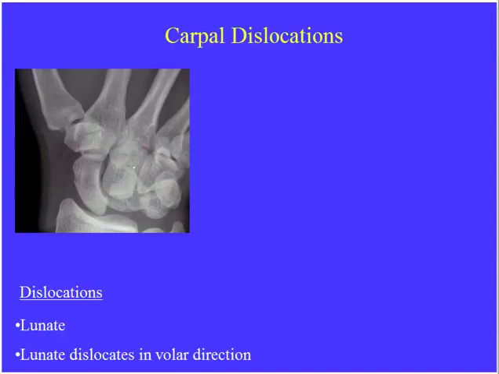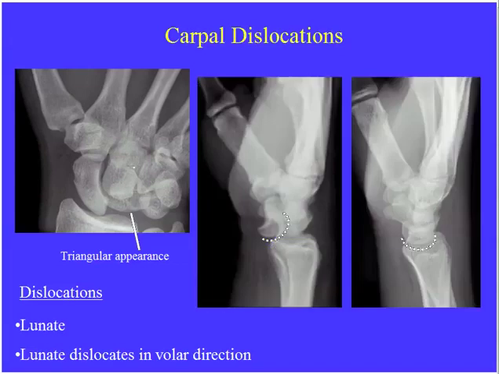They may also show a carpal dislocation, and in the frontal view, the lunate is typically quadrilateral, or has four sides to it. When we see this triangular appearance, however, that represents a lunate dislocation. They may ask you to differentiate between a lunate and a perilunate dislocation on the basis of plain film imaging. With a lunate dislocation, we have complete dislocation of the lunate out proximally.